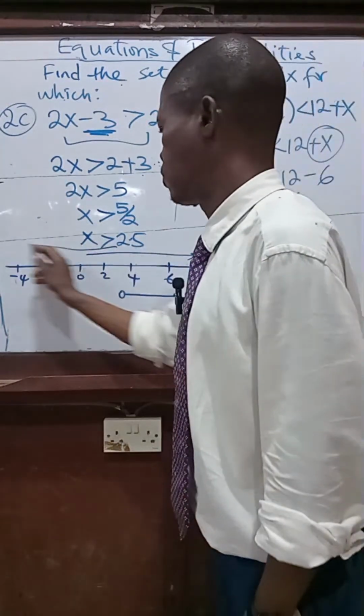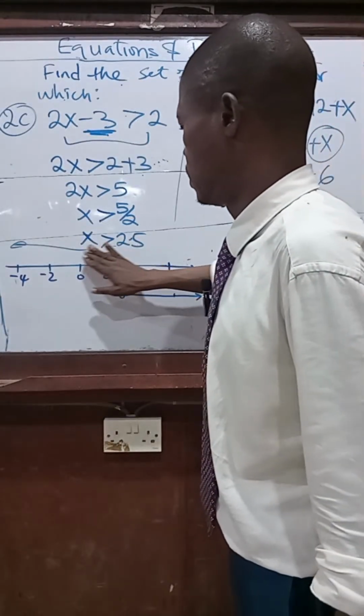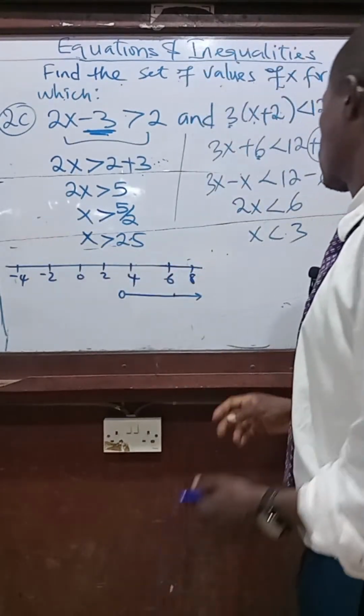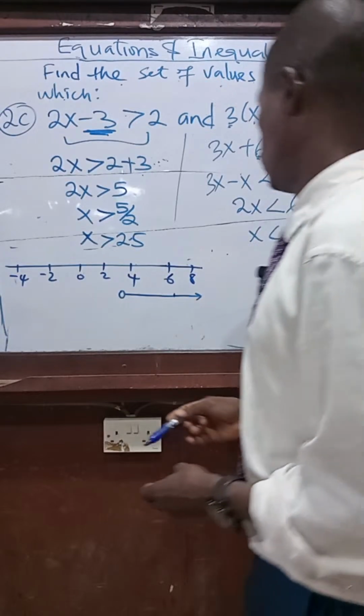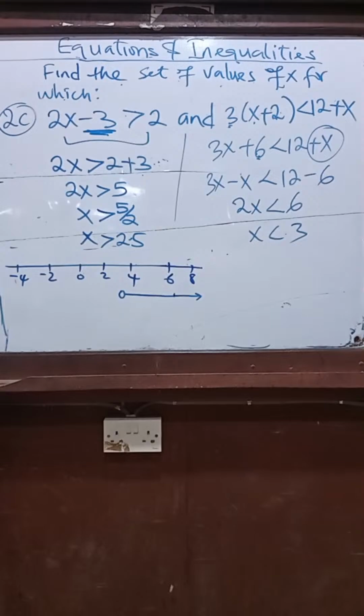Less than is this way. Okay? So that's that on that case. Let's get the solution for that question. So that will be 2.5 less than x less than 3.